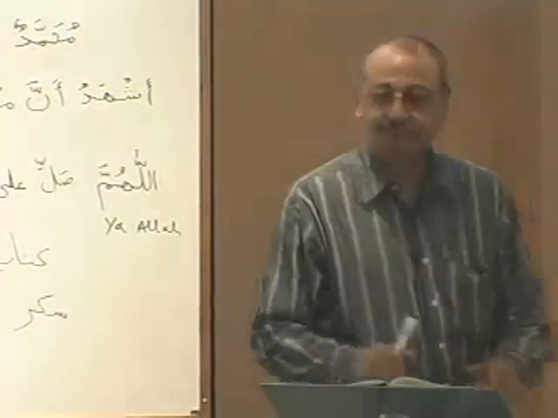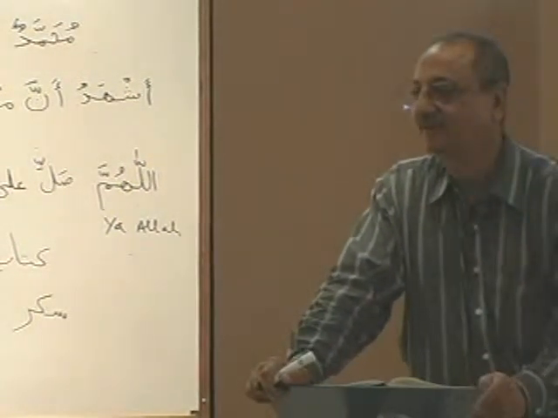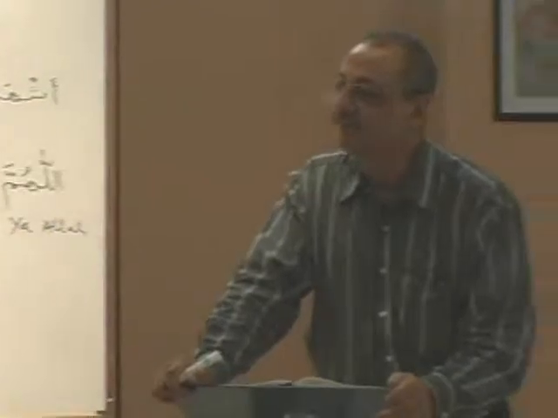I repeat again. A nominal sentence has two parts. What are they, Sister Naima? Subject and predicate. I am using English so that you don't get confused. Use English also. But by the time you are in book 2, you have everything in your mind, inshallah.